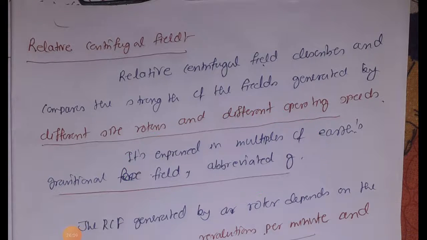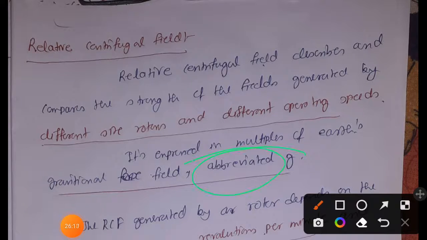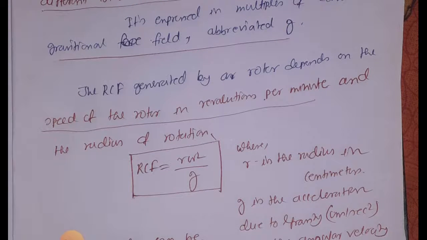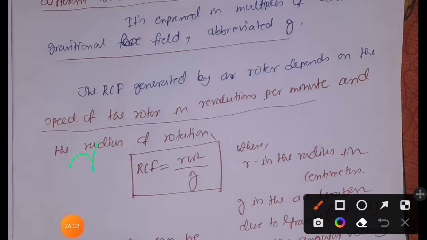So if you get any mathematical question from centrifugation, you can get relative centrifugal field as something like 5000 G or 4000 G. It will always be expressed as multiples of g. The RCF generated by a rotor depends on the speed of the rotor at which it is operating and the distance from the center of rotation, that is the radius of rotation, that is small r omega square by g.